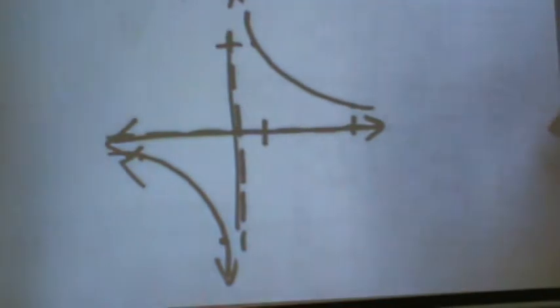So as this number gets bigger, what's happening is your graph is being vertically stretched. So for your points here, you'd have 5, 1, 1, 5, -1, -5, and -5, -1.